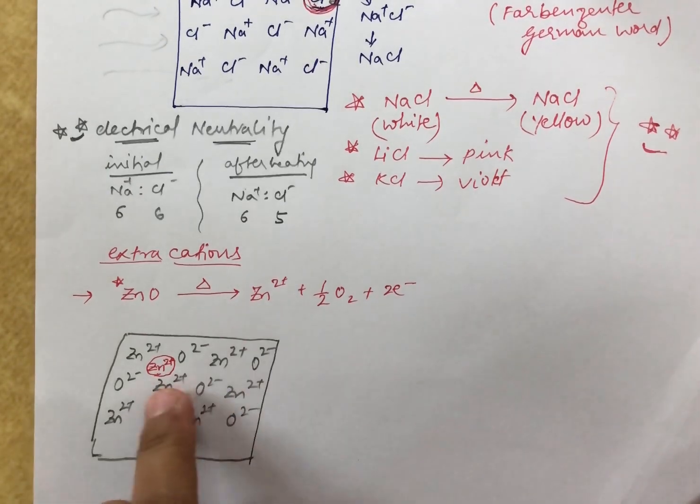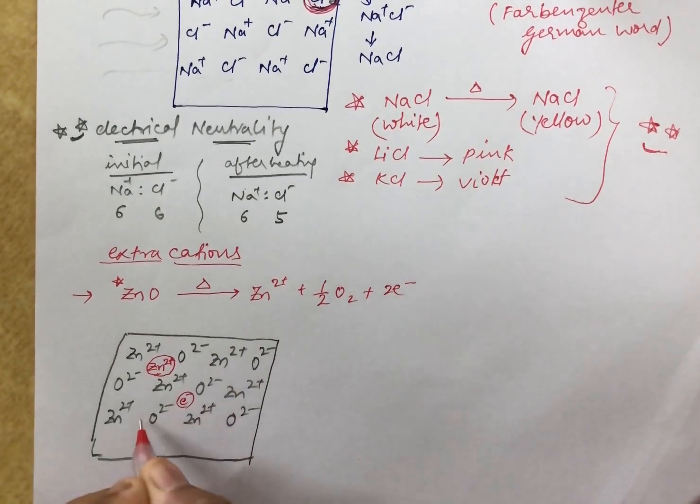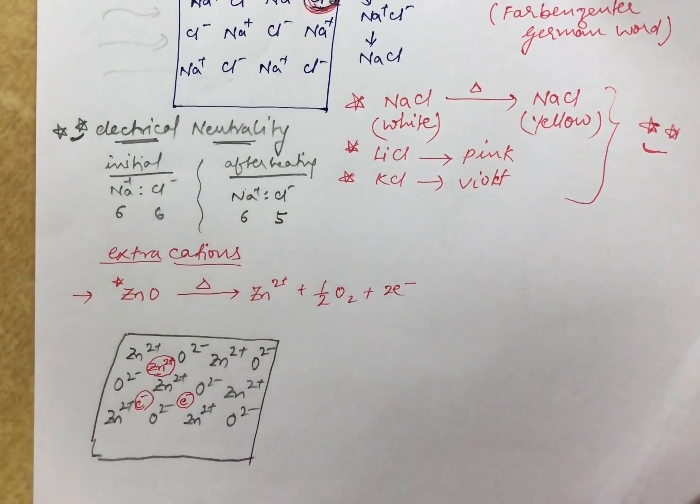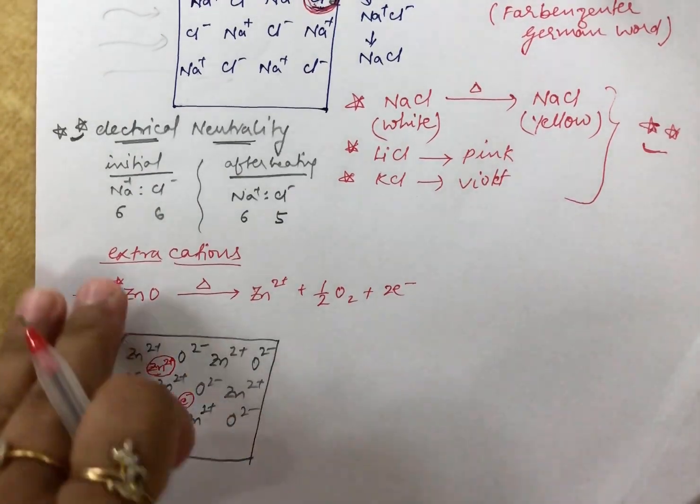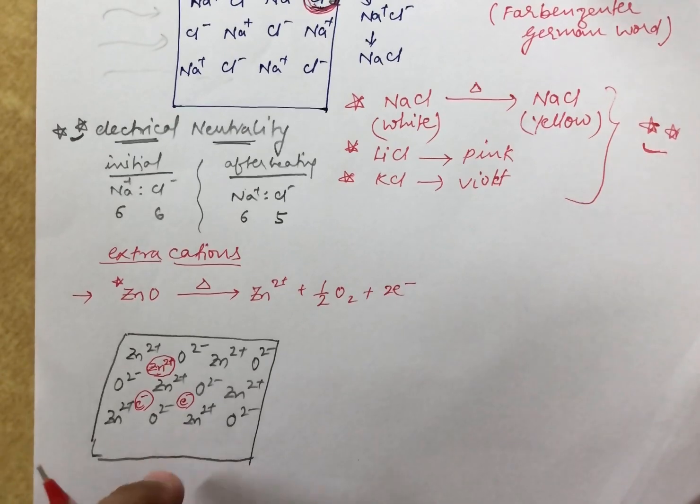Now when this is entering the interstitial space, these two electrons are also occupying a place somewhere, wherever they are getting the place. So here also, students, due to the extra cation this defect is arising, and so it is referred to as extra cation at interstitial site, and it is due to the metal. You can see it is due to Zn usually.